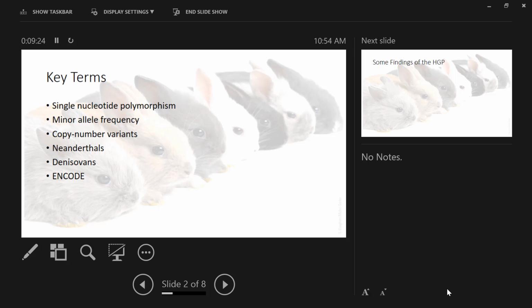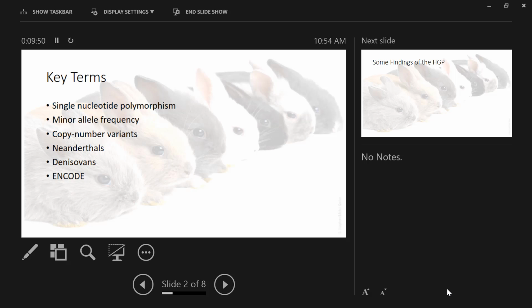Because after the Human Genome Project, we found out that basically about 1.2% of our genome is protein coding. And nobody really believed that 98.8% of the human genome was junk. And so they basically tasked a group of researchers to figure out what the other 98.8% does.